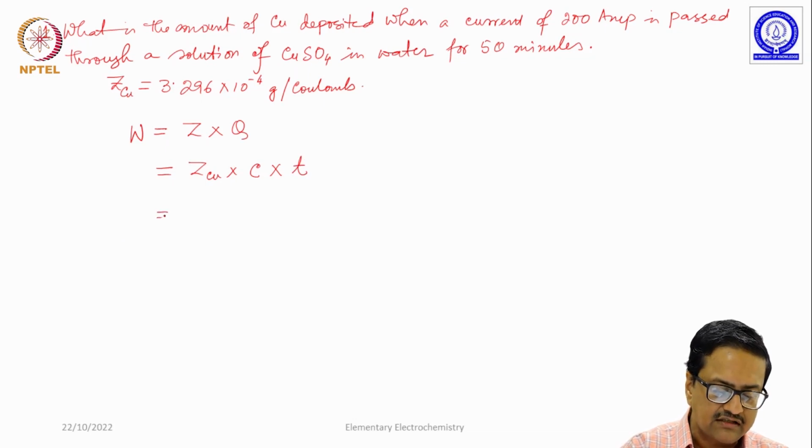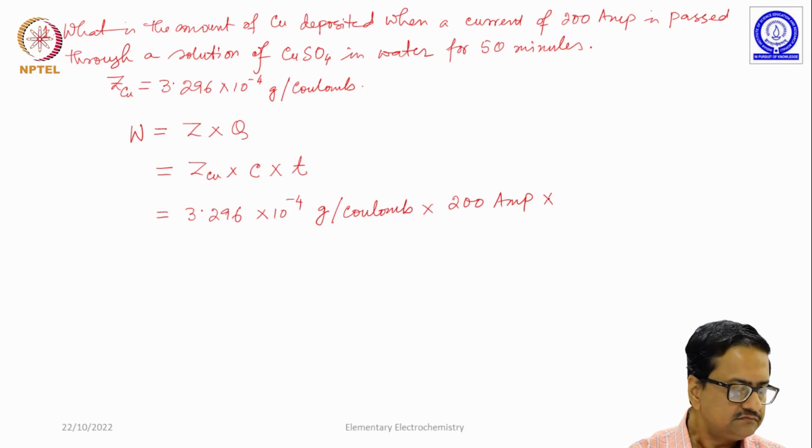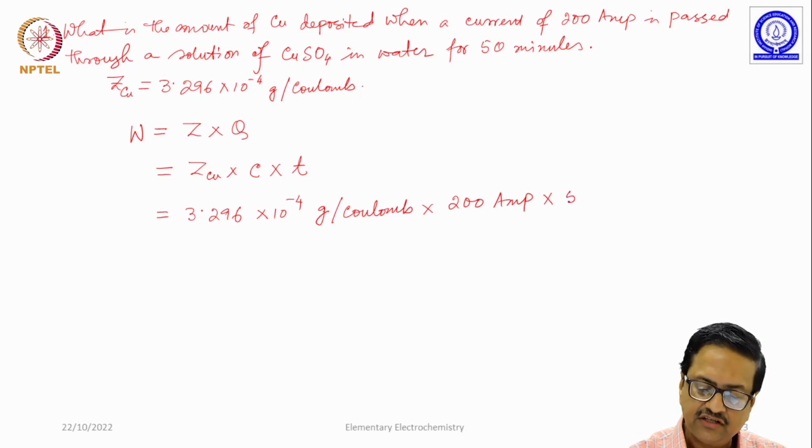So we have Z, 3.296 into 10 to the power minus 4 gram per coulomb, into current, 200 amperes, into 50 minutes, which is 50 into 60 seconds.